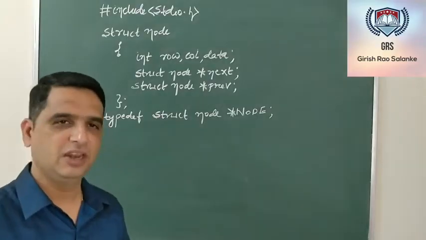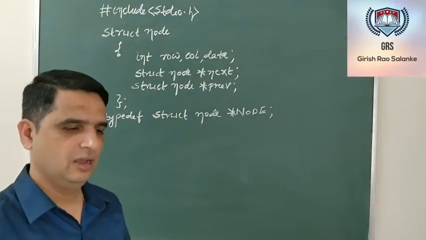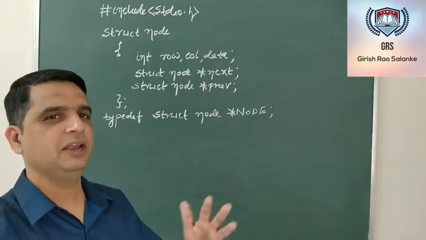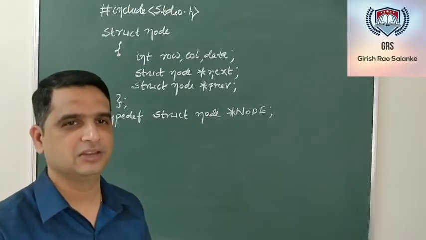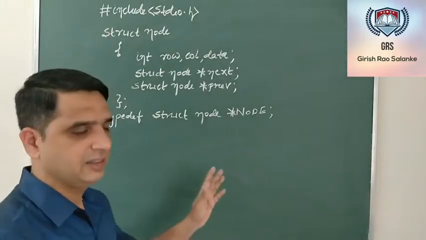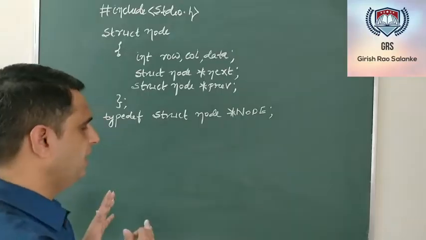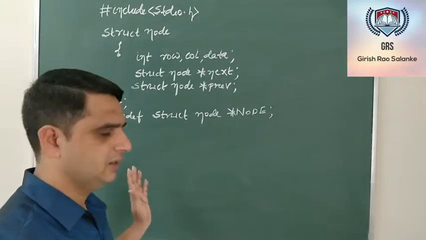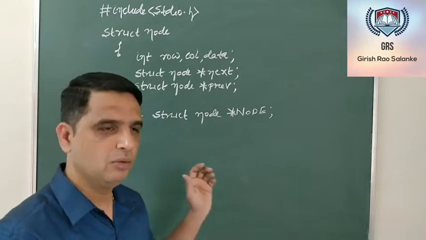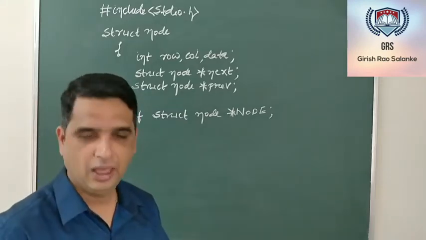Now let me come up with the insertion function. Now assume that there is a matrix. For the matrix I need to construct a doubly linked list. Note that while creating the doubly linked list, it should be created using insert end. A new node should be inserted at the end of the list.